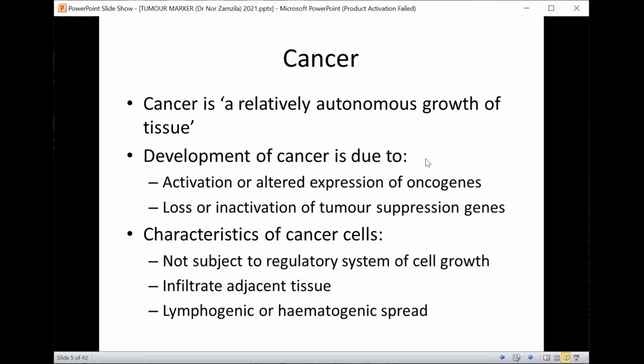But when this process is altered, this leads to the development of cancer. The characteristic of cancer cells is that they are not subject to regulation. The cell growth cannot be regulated, and it infiltrates the adjacent tissue, and it can also spread through the lymphatics or through the blood.